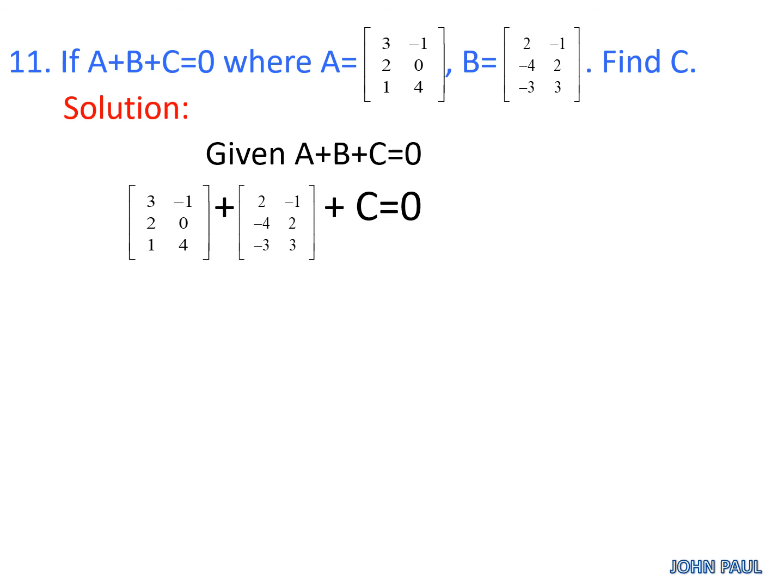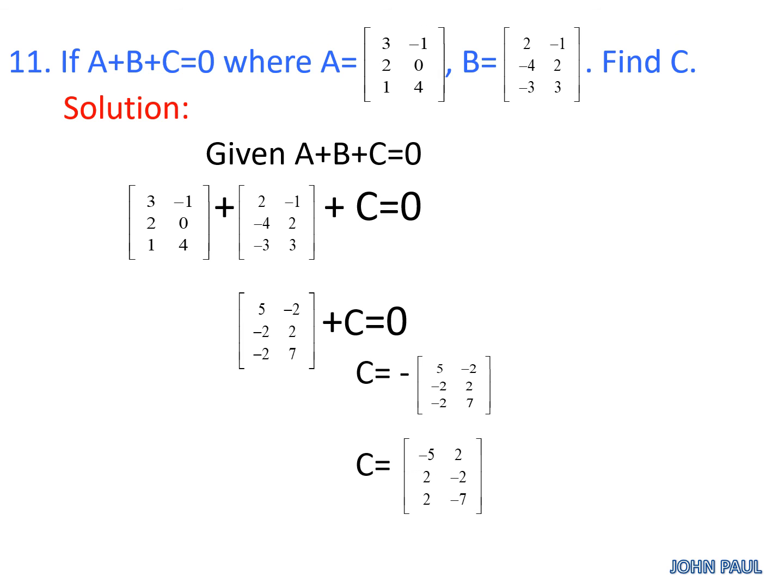Add the matrices A and B, we get. Now take the matrix to the other side, it becomes minus. Multiply by the minus sign, we get minus 5, 2, 2 minus 2, 2 minus 7.